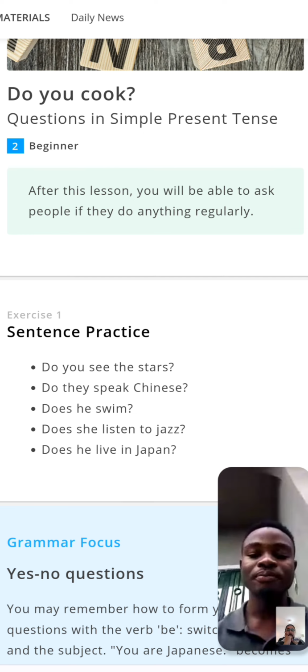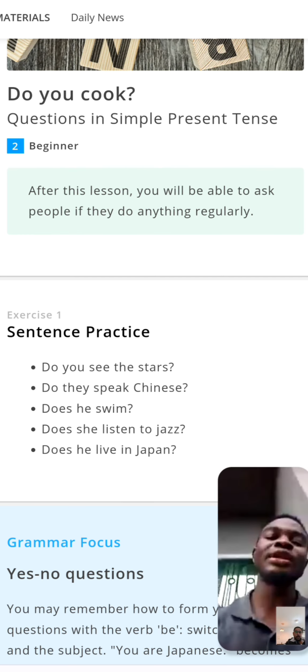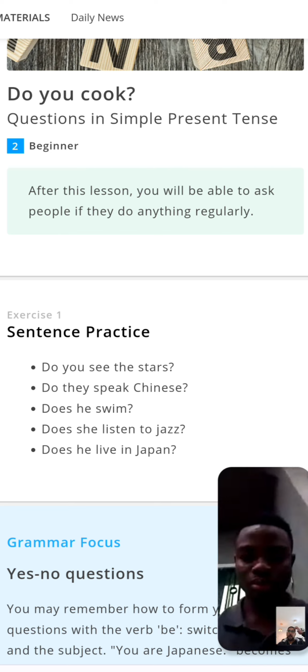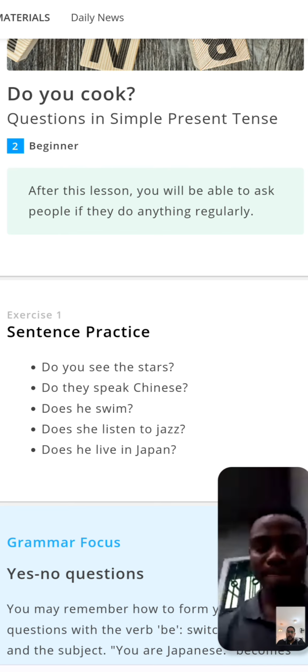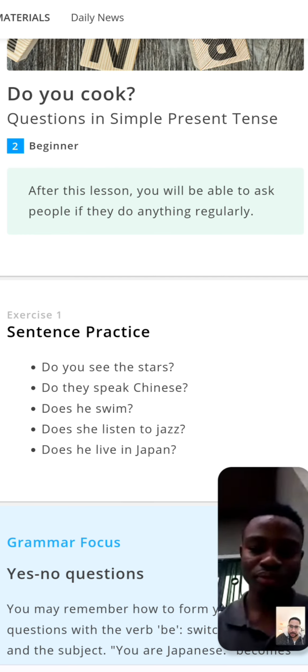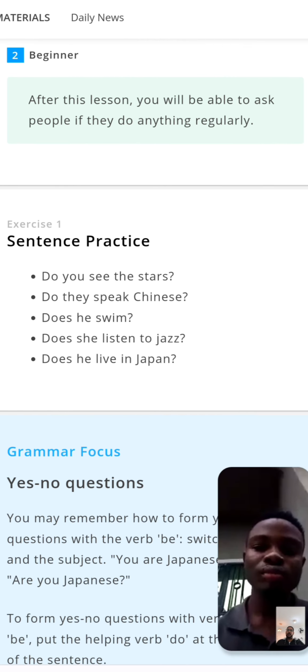Okay? Good. All right, we have exercise one, sentence practice. Can you please read the sentences? Yes, I can. Okay, let's go. Exercise 1. Sentence practice. Do you see the stars? Do they speak Chinese? Does he swim?